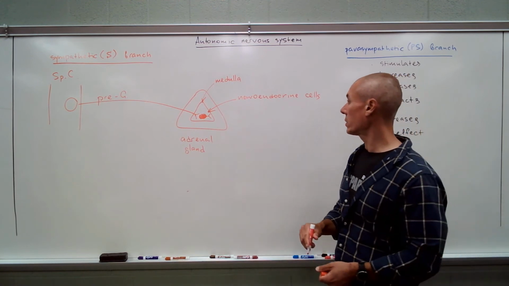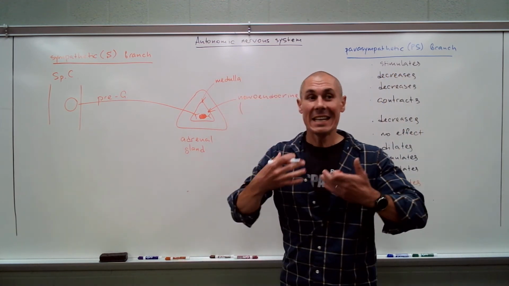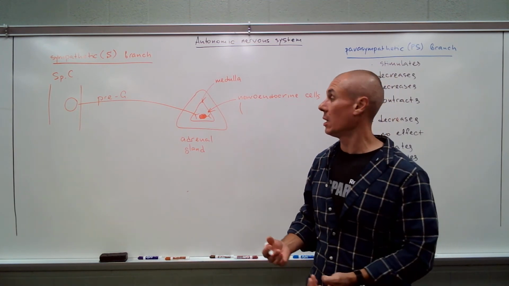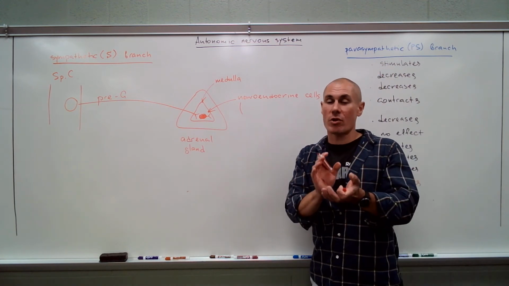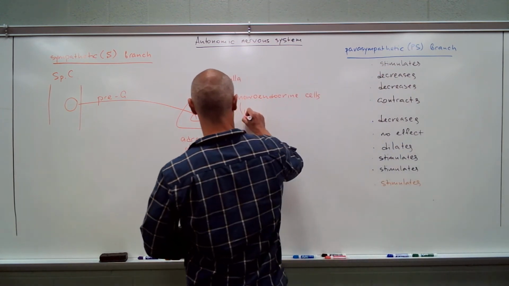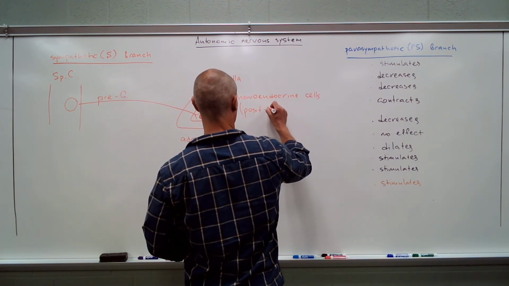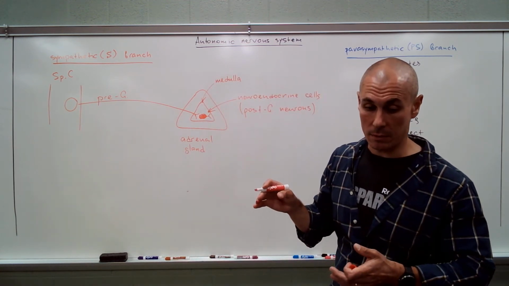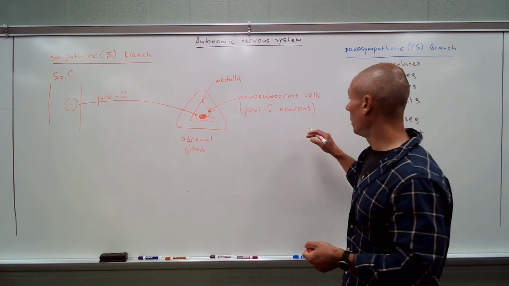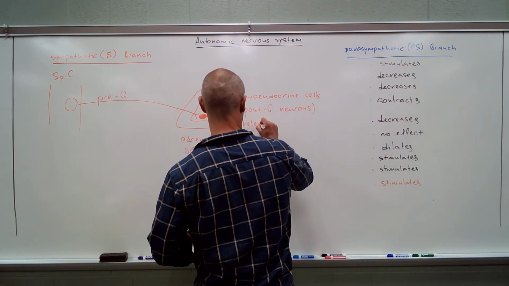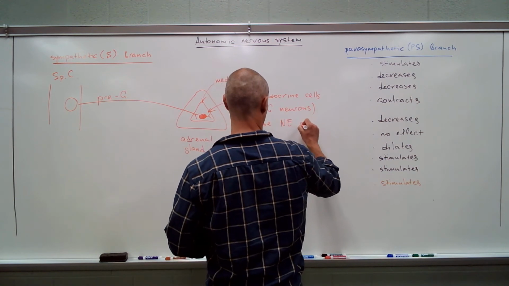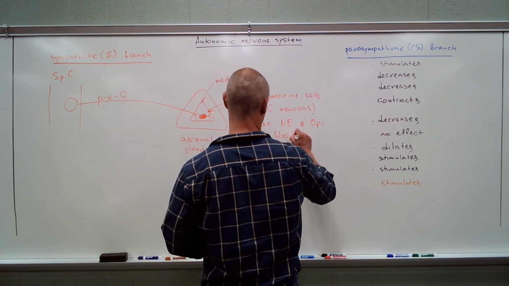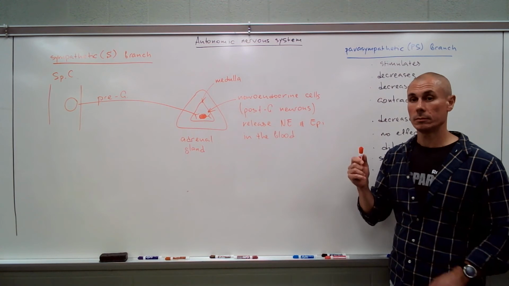So these neuroendocrine cells, in essence, like if you want to be absolutely 100% pedantic, they are hugely transformed and changed post-ganglionic neurons. Very much changed, okay? Release norepinephrine and epinephrine in the blood. Okay?